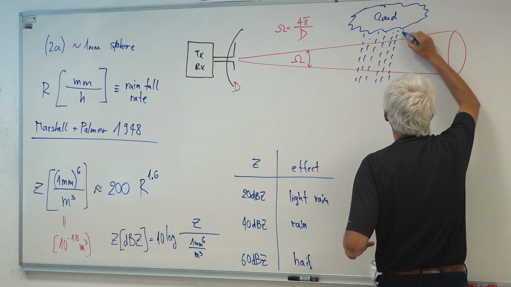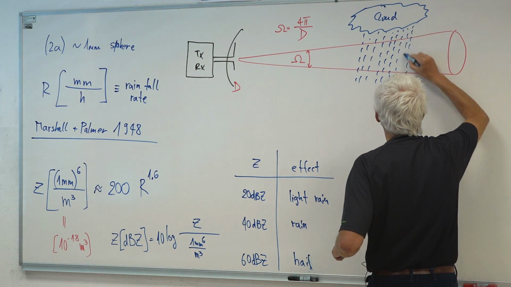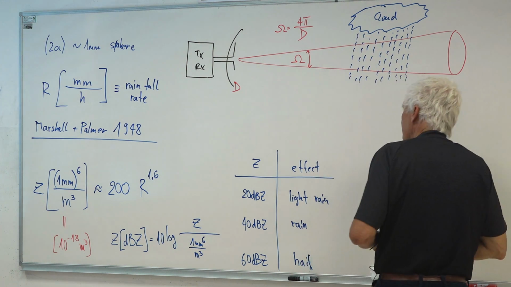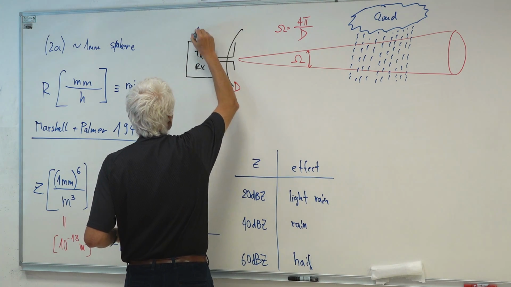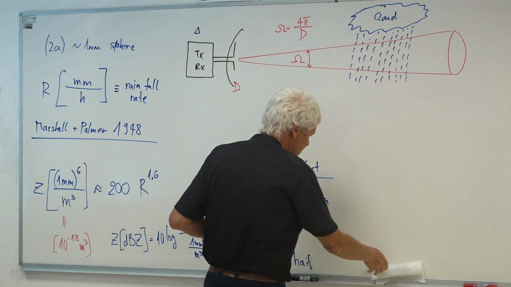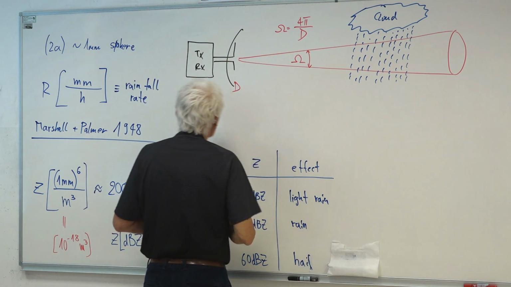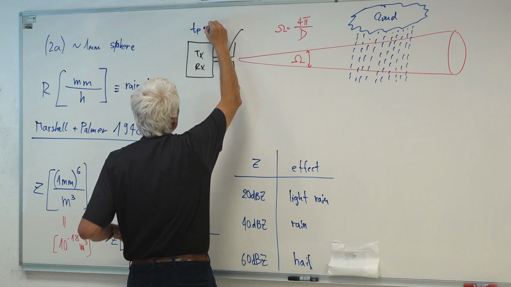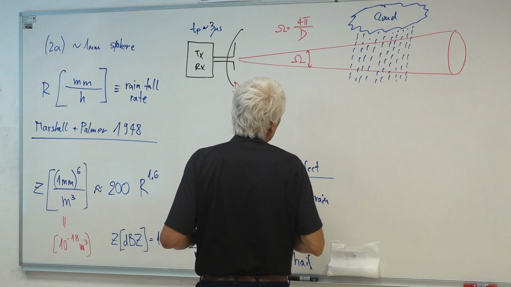In this rainfall, choosing a suitable pulse length on the radar, my transmitter is transmitting a pulse, T pulse, of, say, 3 microseconds. This is not far from real.